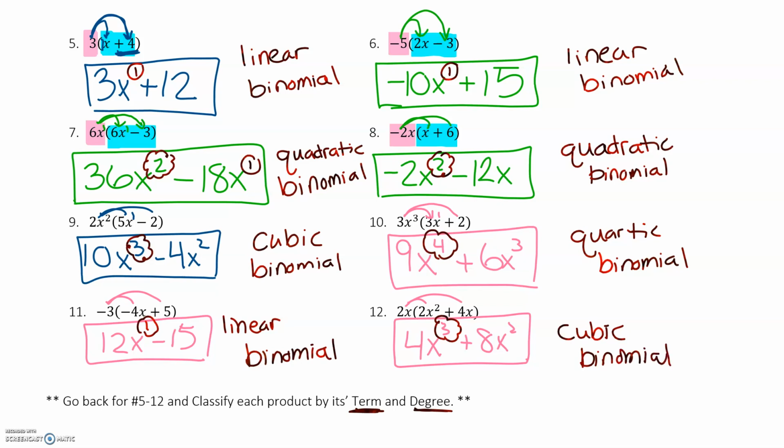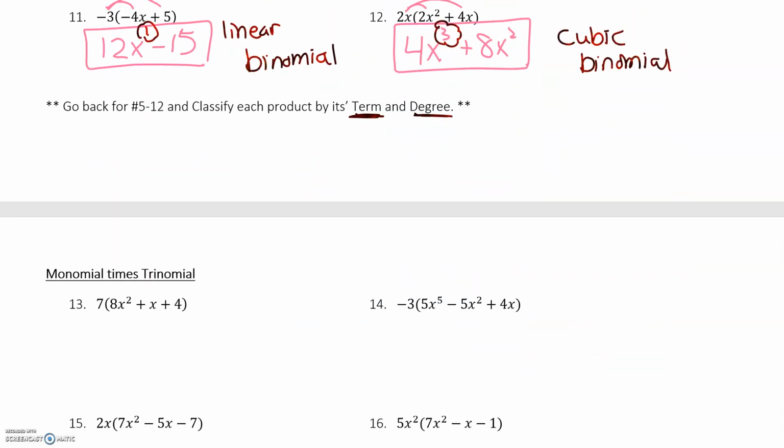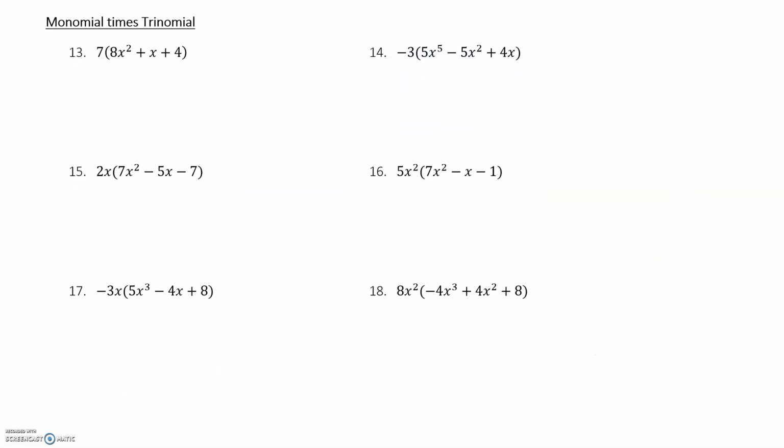All right, so now that we've done that, let's go ahead and move on to the next part here, which is now we're going to look at multiplying a monomial, so 1 term, with a trinomial, 3 terms. If we take 1 term and we multiply it to 3 terms, how many terms do we think we're going to end with on all of these?